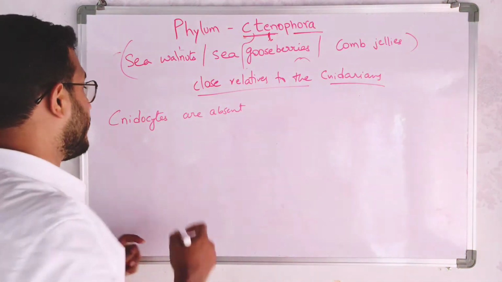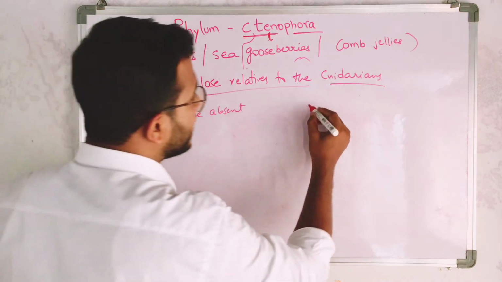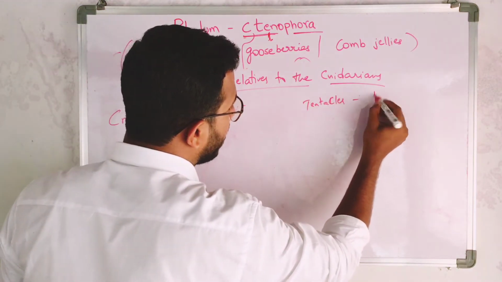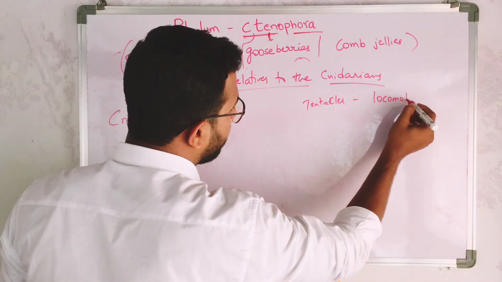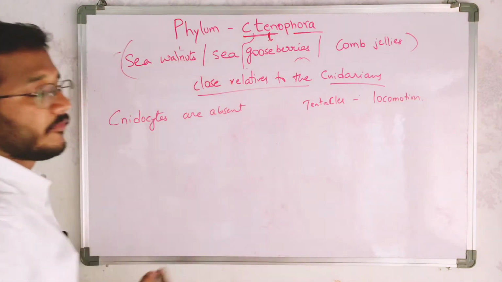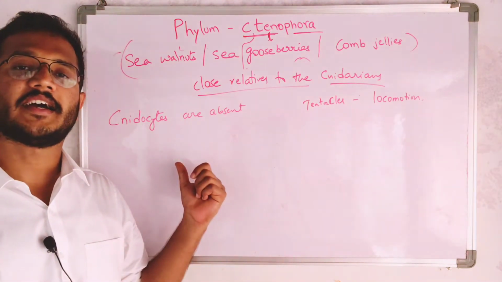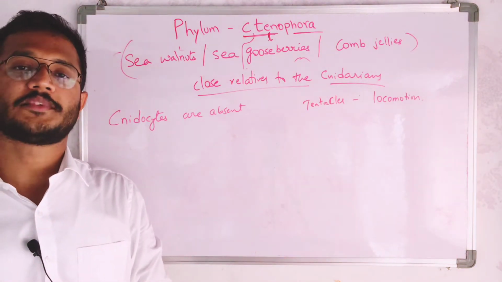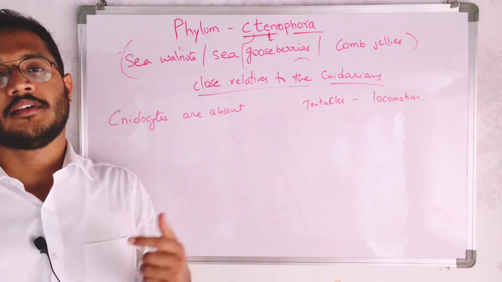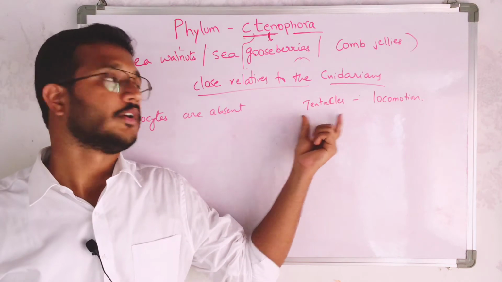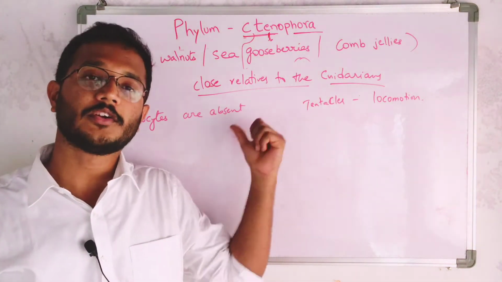And one more thing, here we already discussed tentacles. Those tentacles are helpful for locomotion. And what about food capturing? In Cnidaria, cnidocytes perform food capture, anchorage and locomotion also. But here tentacles perform only locomotion and cnidocytes are absent.